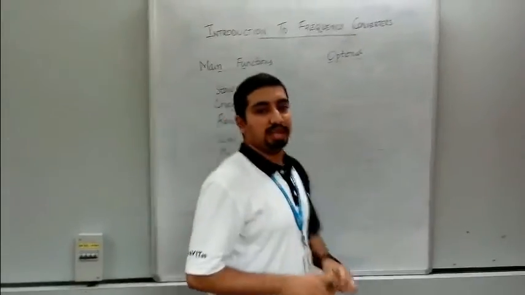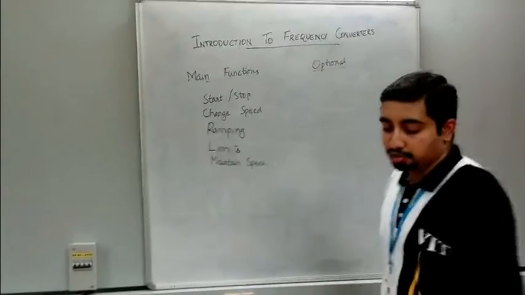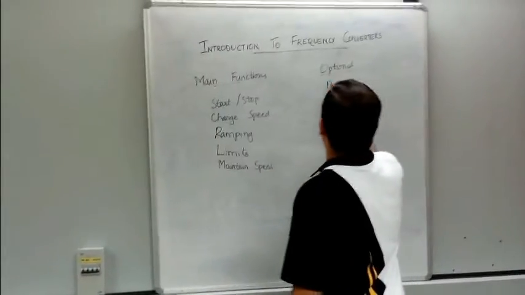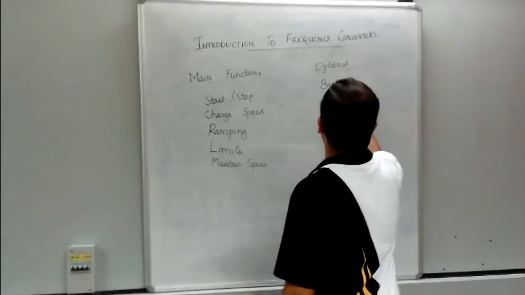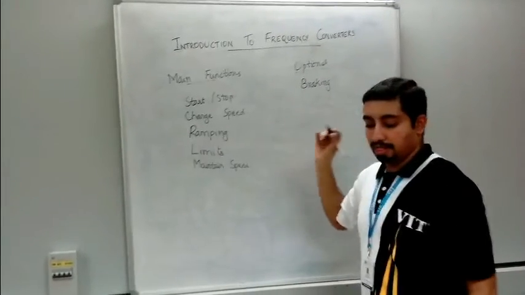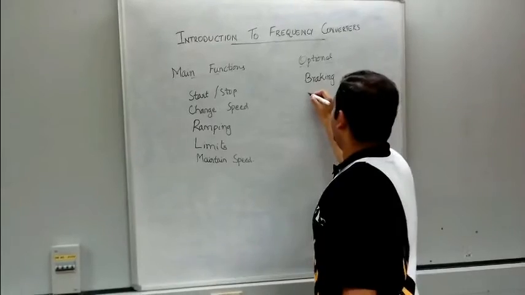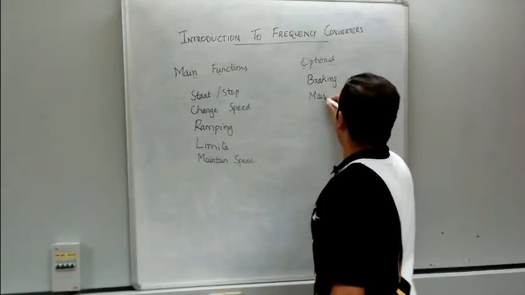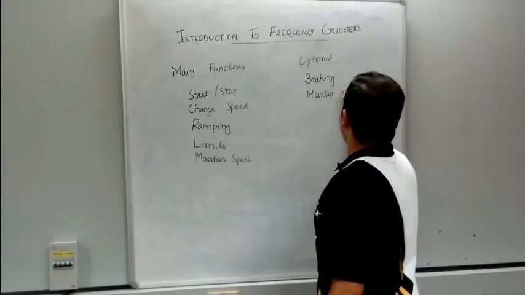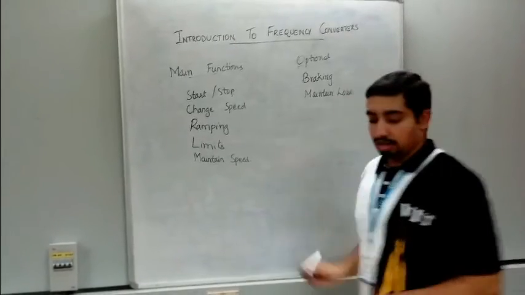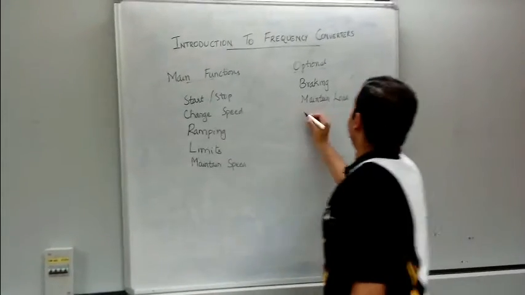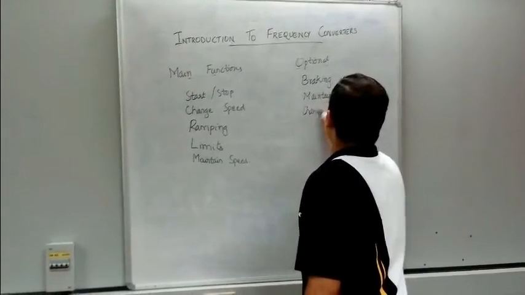Now along with this, there are some optional functions. The optional functions include braking, and then we have maintain load, and we have another function called changing direction.